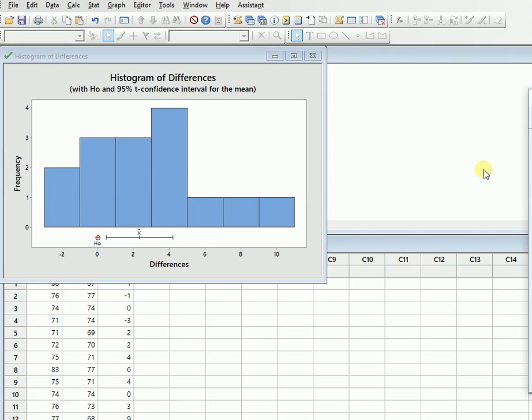We can say that the rate of the difference seems to indicate that they are roughly normally distributed, and the graph also illustrates that your H0 lies over the 0, and the value of your difference is likely to be greater than 0, so it lies in this range above 2. Since the value 0 is smaller than those within the confidence interval, this graph tells you that your value doesn't lie at the H0 and your H0 is likely to fail.